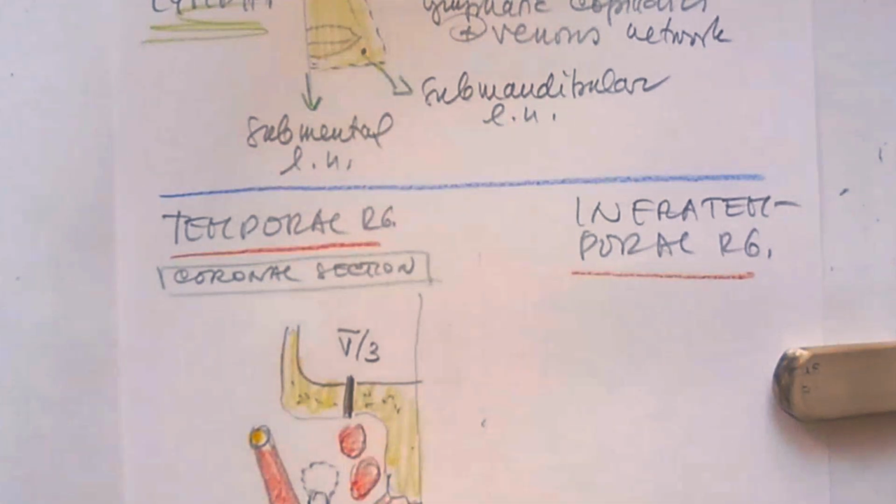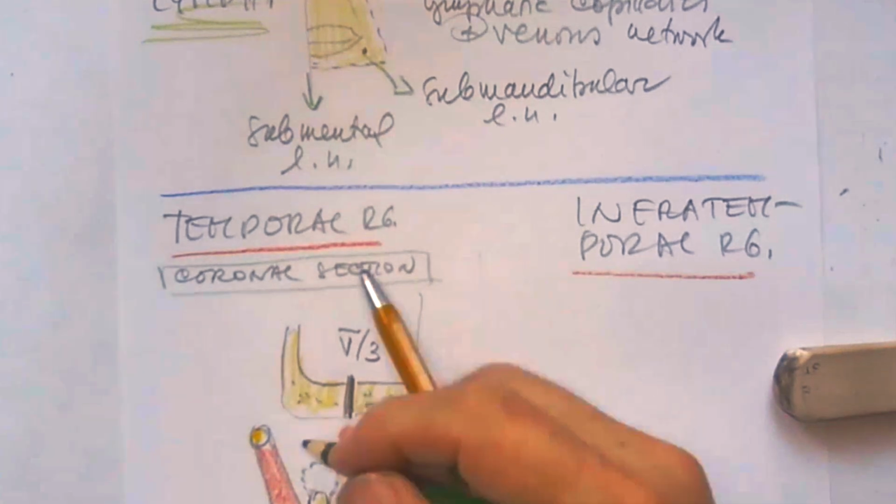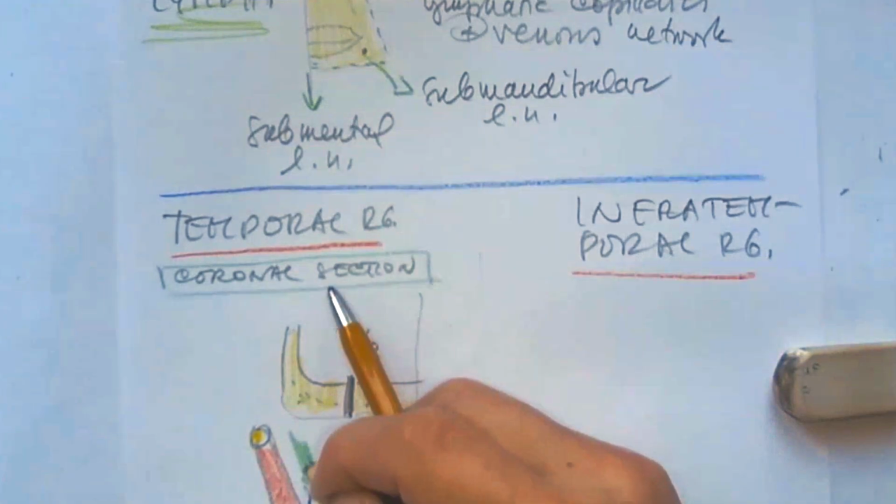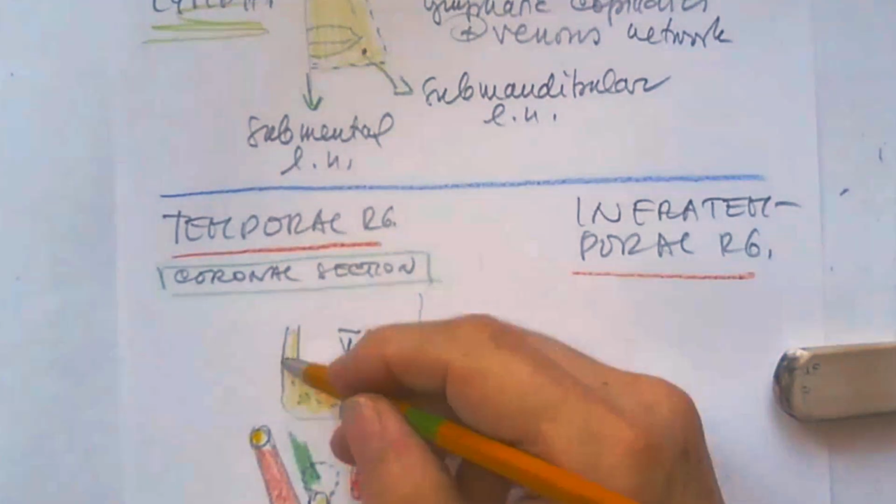This is the mandible. Again, the mandible on the section with projection of the mandible, then attachment of the temporalis.